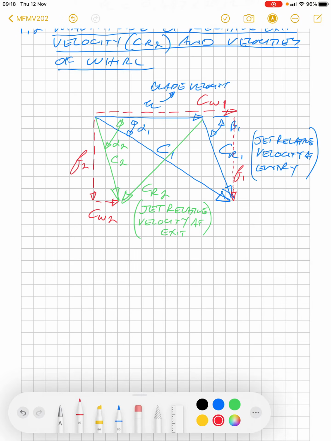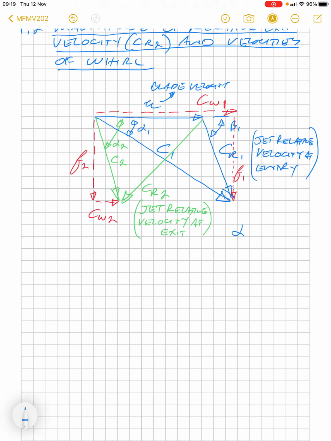Yeah, and we also know that alpha 1 is 22 degrees and beta 2 is 35,5 degrees. Alright, so it's important that you draw all of your vector diagrams for the inlet and the exit velocities.